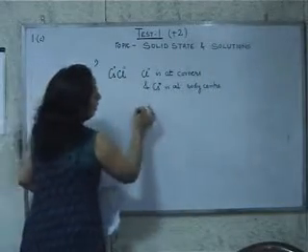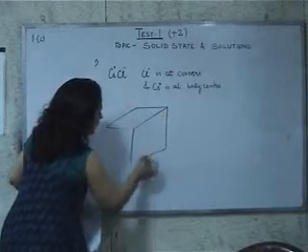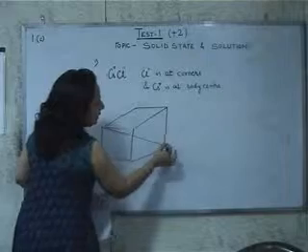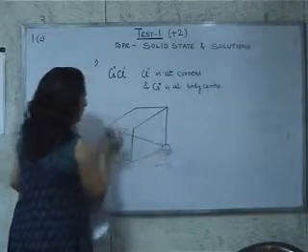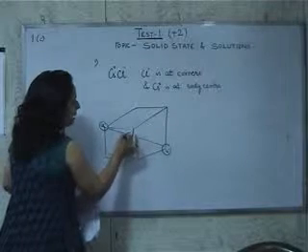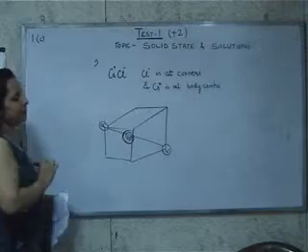If it is at corner and body center, in a cubical system, this body diagonal is going to have chloride, then again chloride at the corner, and cesium is in the middle. This is the cesium position.